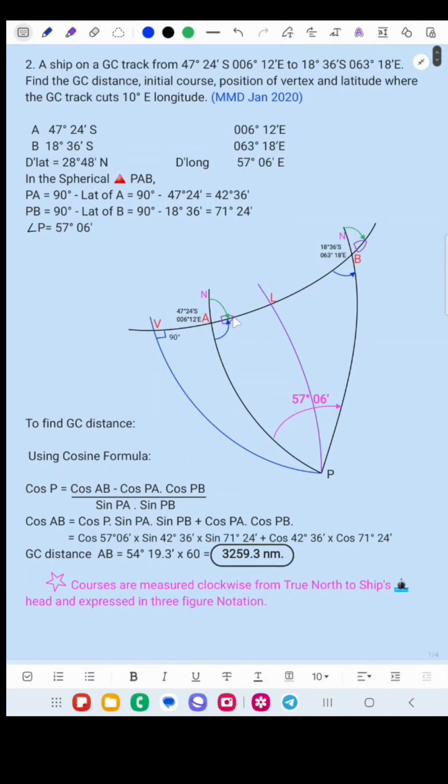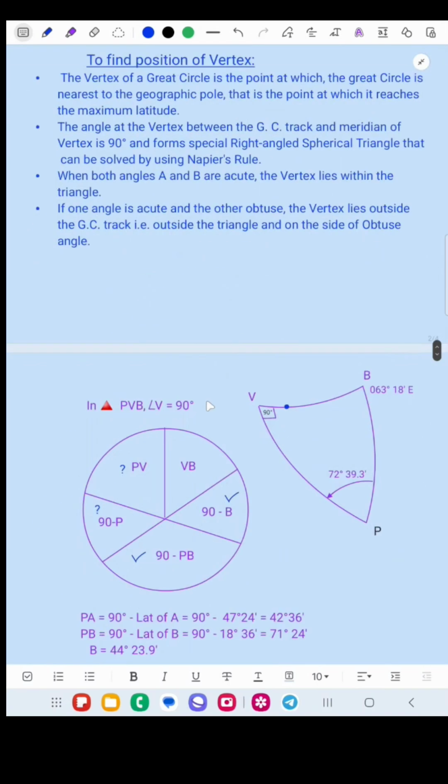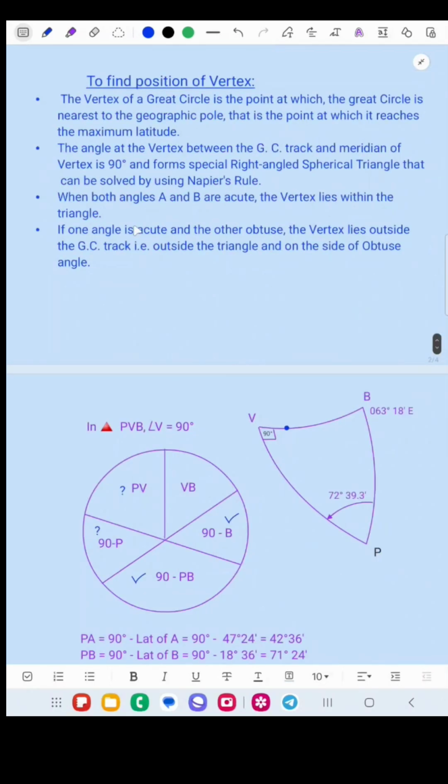That is, if this internal angle A is acute and angle B is also less than 90 degree, the vertex will lie within A and B, at this point. If one angle is acute and the other is obtuse, the vertex lies outside the GC track, that is outside the triangle and on the side of the obtuse angle.